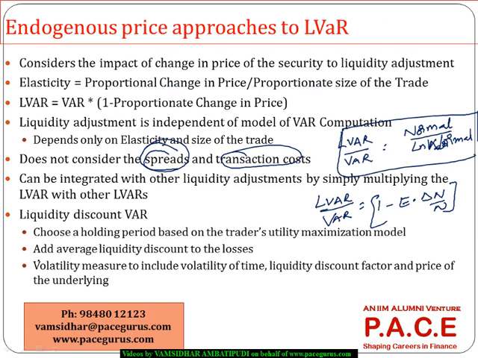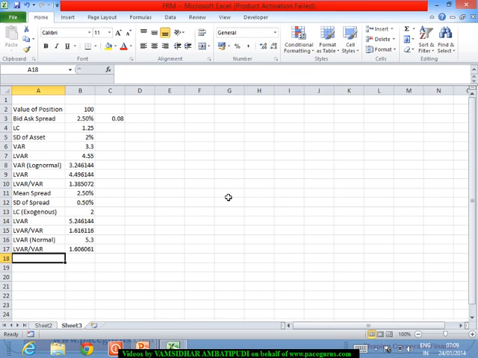And with the current mechanism, let's say using an elasticity of minus 3% and a 10% trade. So 1 minus of minus 3% into 10%.